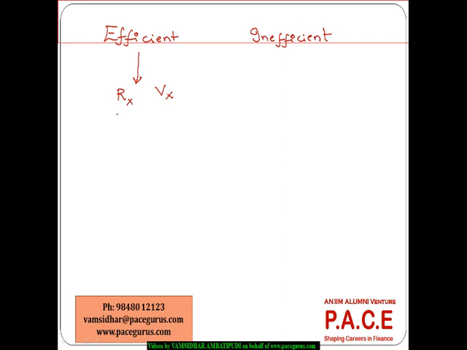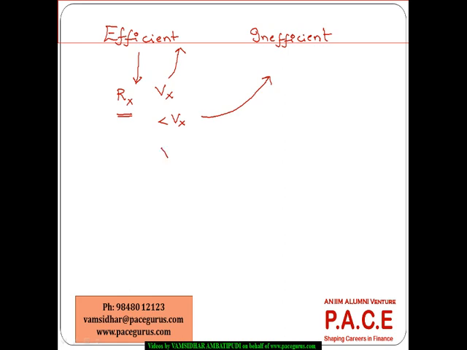For this particular Rx, which is the mean return, if I am able to find any other portfolio which is having a variance of less than Vx, then that portfolio is inefficient. If I'm not able to find any other, which means this is the lowest possible variance, then I say this particular portfolio is an efficient portfolio.